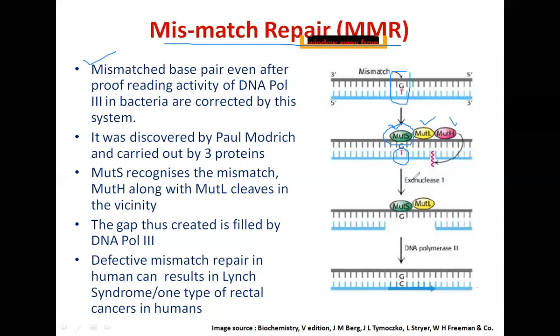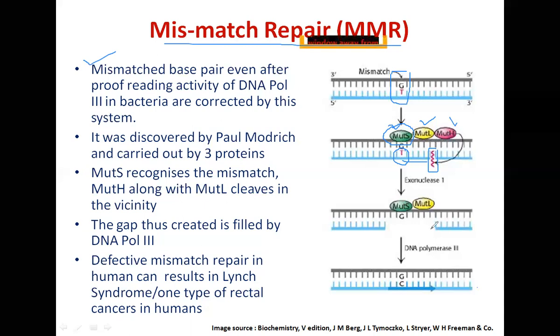So this mismatched base pair is identified by MUT-S, and MUT-H along with MUT-L then cleaves that particular strand in the vicinity of the mismatch pairing. This is the vicinity of the mismatch pairing. So it will cut it here. It is carried out by these two proteins, MUT-H along with MUT-L.